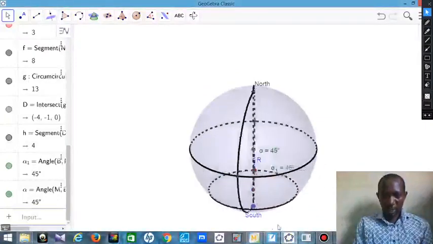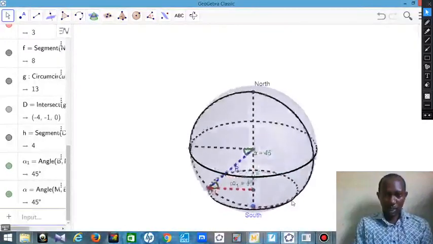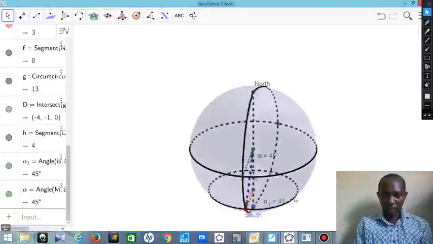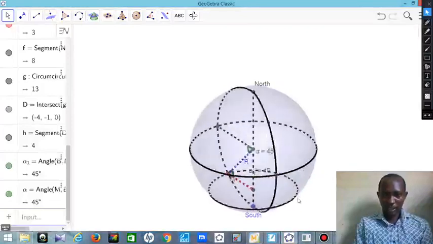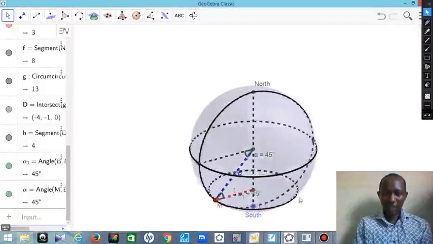Take where this mouse is located as a point. As you go round and come back to this place, that is 24 hours. As you go round and come again, 48 hours. As you go round, 72 hours, that is 3 days, and it continues like that.